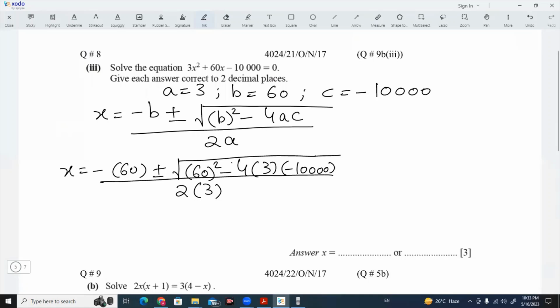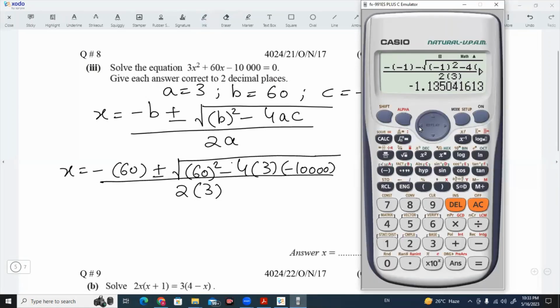So write this as it is in the calculator and we will have our answer. The value of a is the same, but the values of c and b are different. It will be 1 with 4 zeros, meaning 10,000. The value of b must be changed to 60, in place of minus 1.